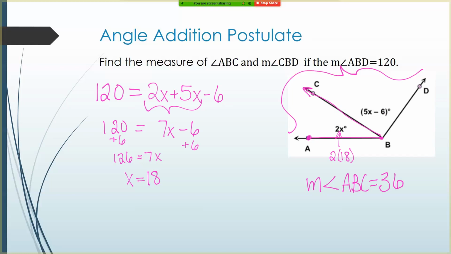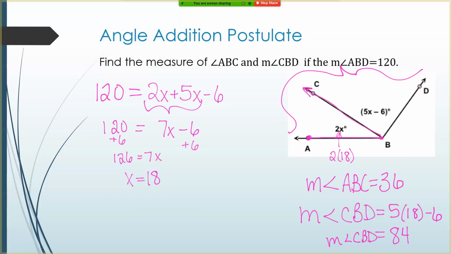So 5x minus 6 would be 5 times 18. So the measure of angle CBD is 84.